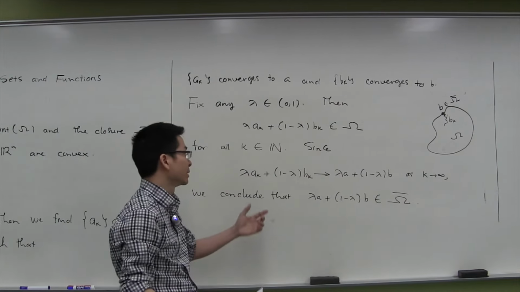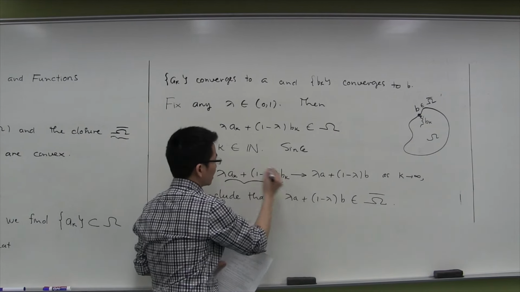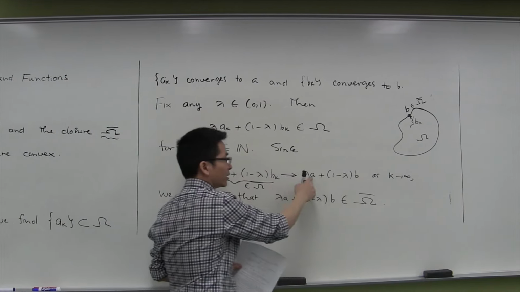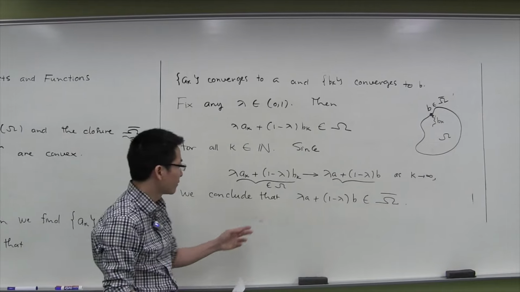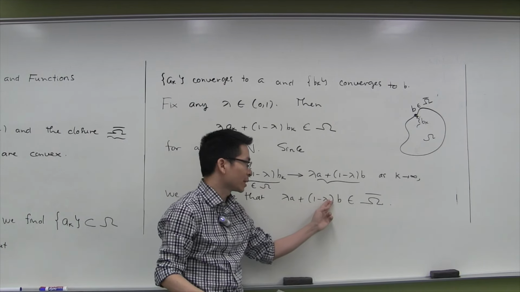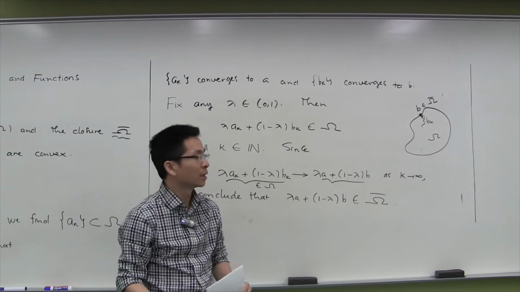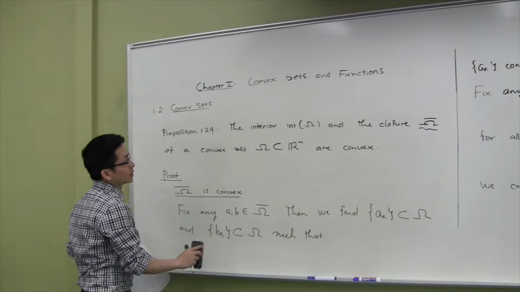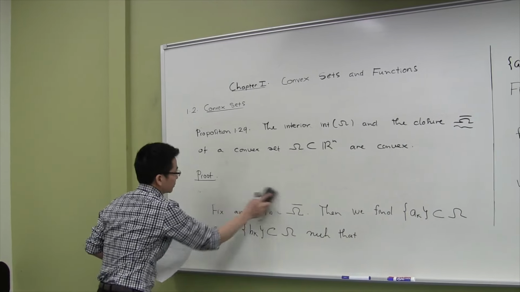Okay, again, because we have found a sequence here. This sequence is in omega, and the sequence converges to lambda a plus 1 minus lambda b. Therefore, lambda a plus 1 minus lambda b belongs to the closure of omega by the property I mentioned earlier. Okay, so now I'm going to continue with the second part of the proof.